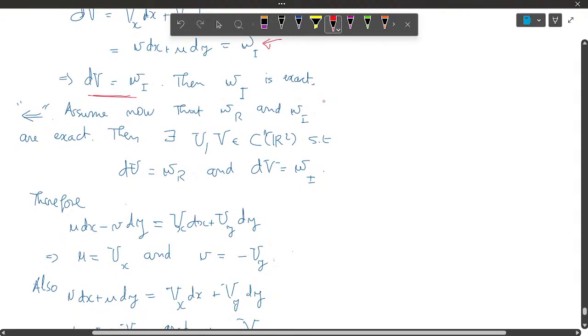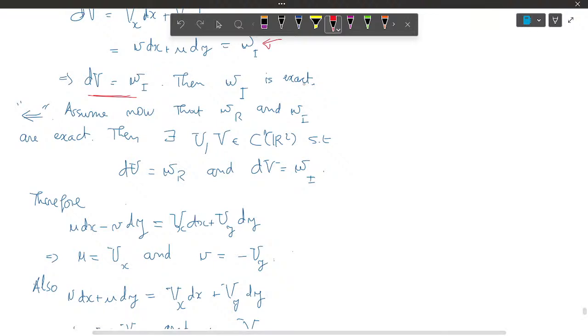Then we go to the only if condition. In the only if condition, now we have to assume that WR and WI are exact.